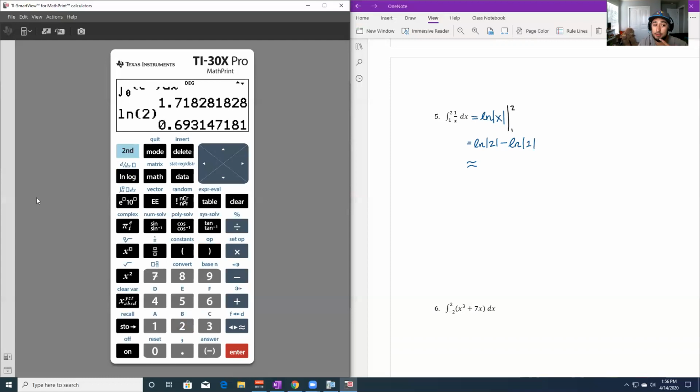And then let's do the natural log of 1. Does anybody know what the natural log of 1 is? No matter what, the natural log of 1 is always 0. So we have our answer. The natural log of 2 is 0.693.